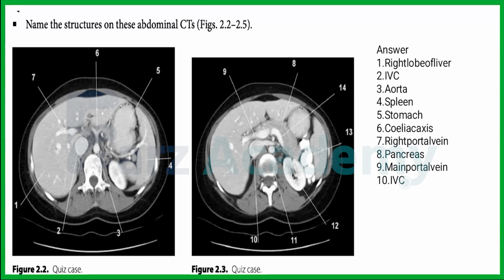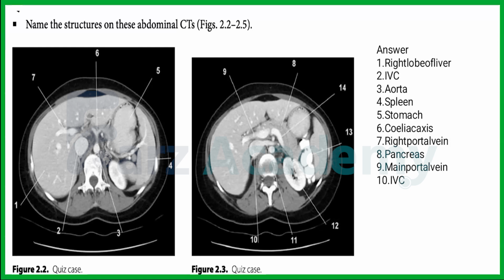The liver is the obvious structure, it is not a big deal to find out the liver, but you have to find out the IVC, aorta, spleen, stomach, and celiac axis, right portal vein, pancreas, main portal vein, IVC. So you have to have the anatomical knowledge of CT cut section.